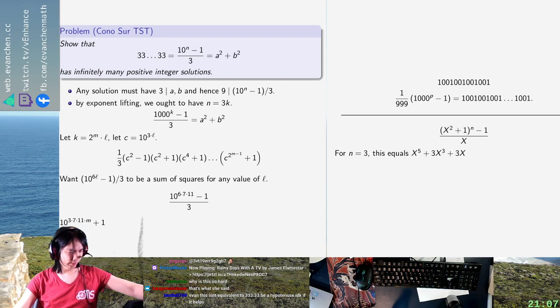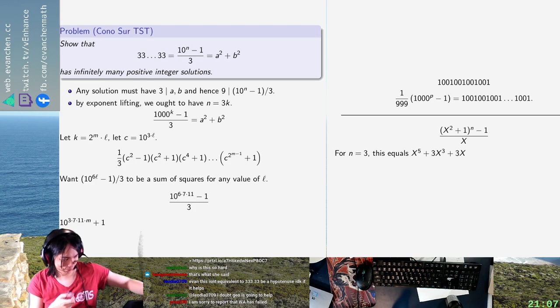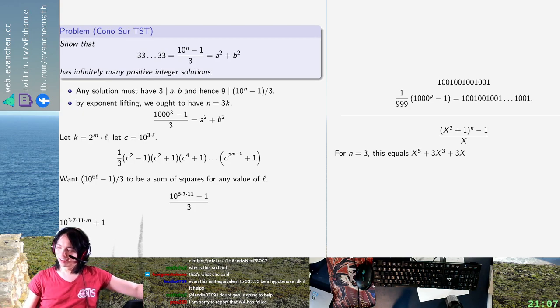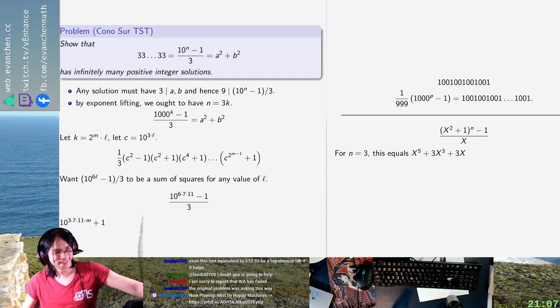It's equivalent to... I don't see why the hypotenuse thing would help. Sorry. I'm sorry to report that Wolverine Alpha has failed. The original problem was raised with the hypotenuse.